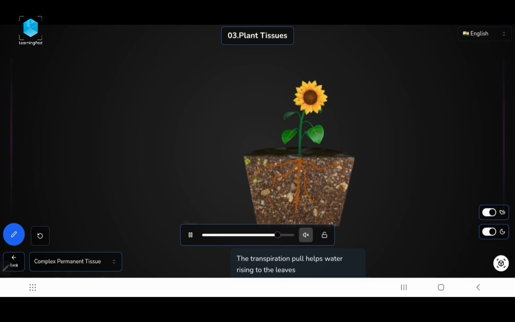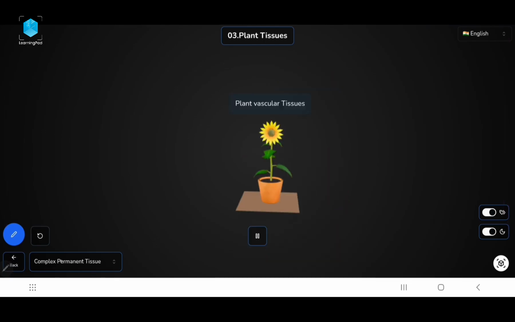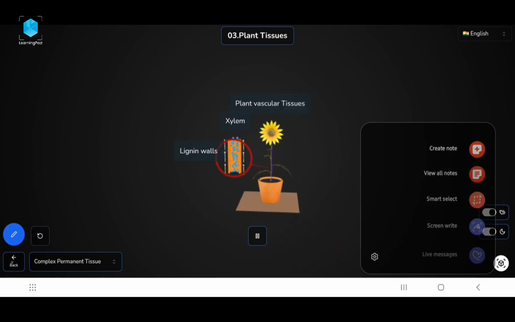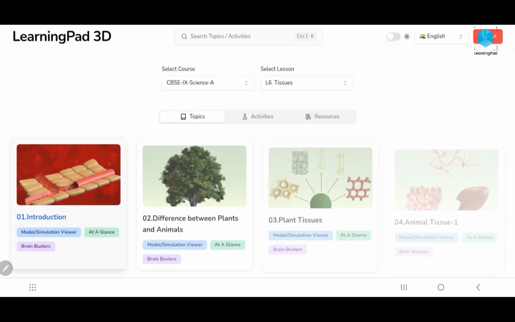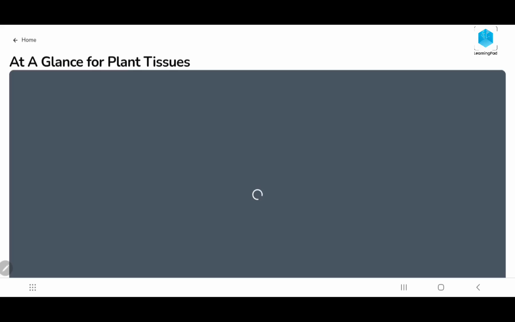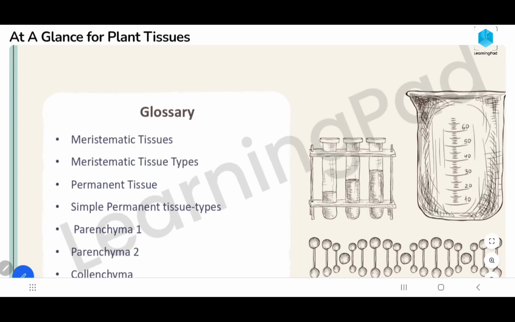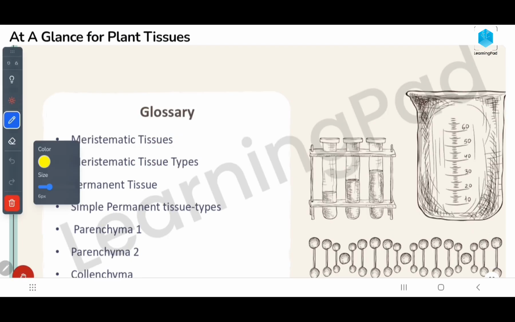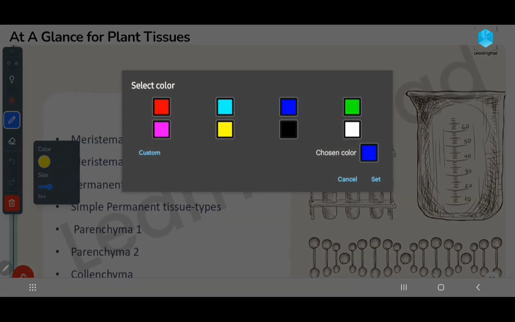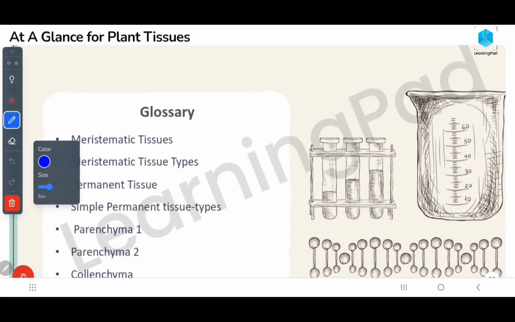You understand, children? Let us have a look at the summary of what we have studied. We studied plant tissues, first meristematic tissue and its types.